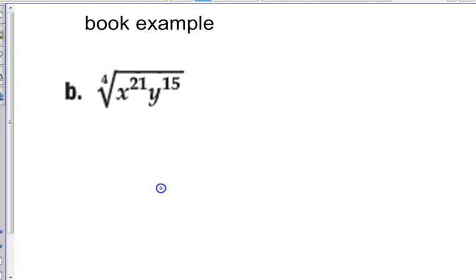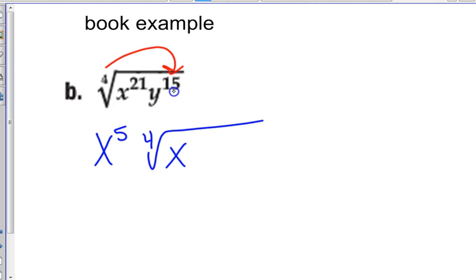Okay. I'm going to do one more because this is on your homework. You did this last year. 4 goes into 21 5 times. 1 left over. 4 goes into 15 3 times with 12, 13, 14, 15, 3 y's left over. This is how you could have done that.